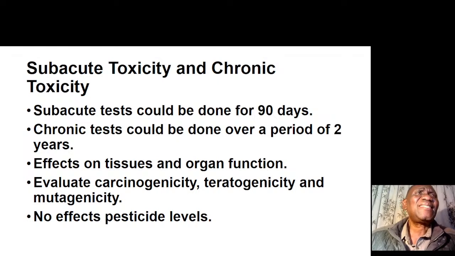Subacute toxicity may take a bit of time, not hours. In order to get the effects, you may need up to 90 days. With the chronic tests, you may need a period of over 2 years. These are long-term effects, but they need to be assessed.